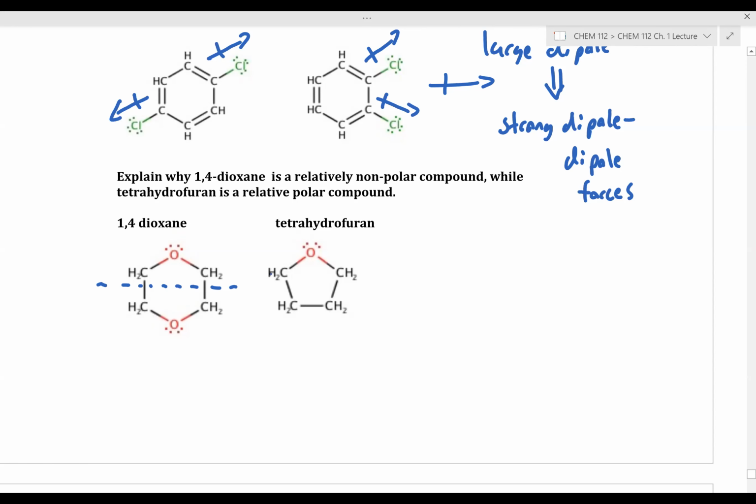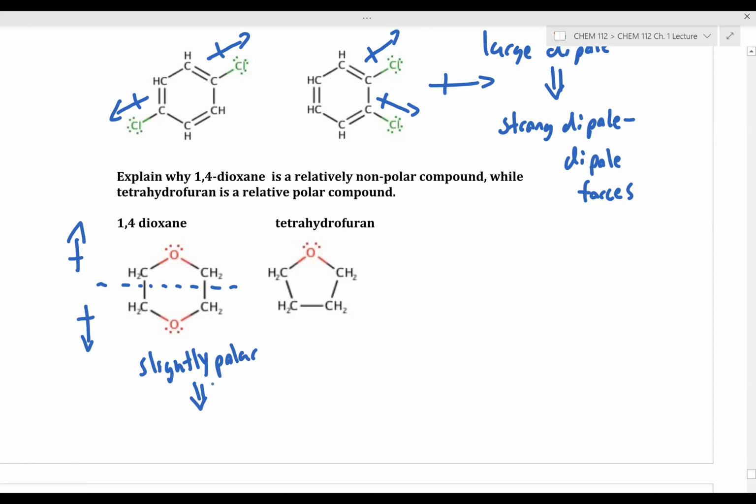So if we think about our dipoles, the first carbon-oxygen bond dipole set is pointing towards the top half of our molecule. The second dipole set is pointing towards the bottom. They don't quite cancel out because this molecule has some 3D shape, but in turn, would we expect 1,4-dioxane to be very polar or slightly polar? Slightly. Yeah, so it's slightly polar.